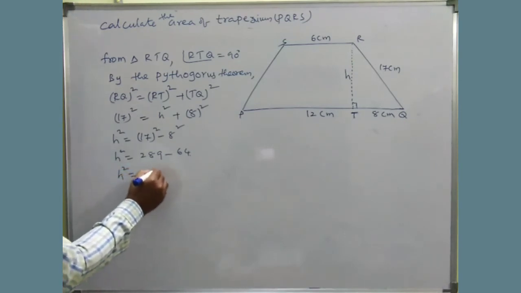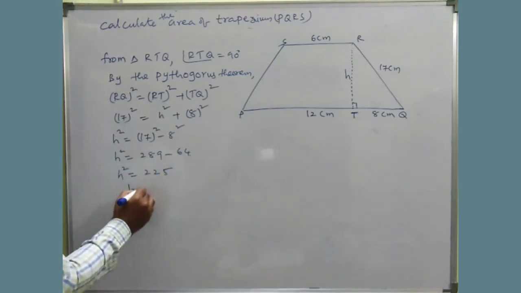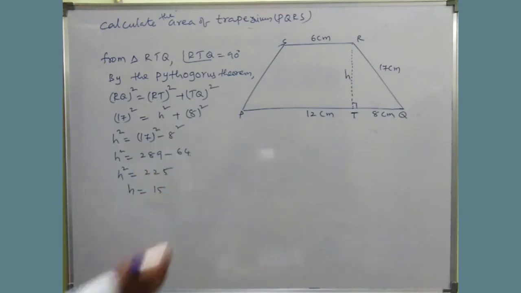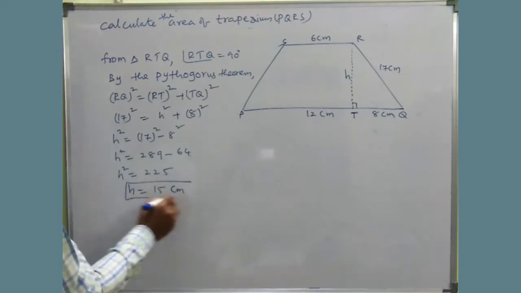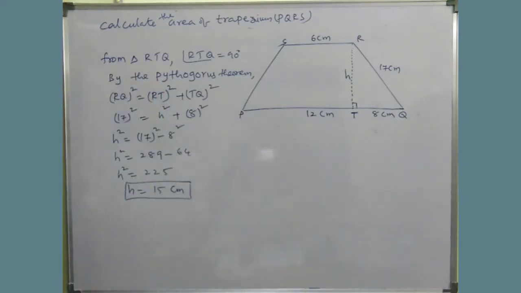Hence h square is equal to 225. From this h is equal to the square root of 225, which is 15 centimeters. So now we got the height of the trapezium.